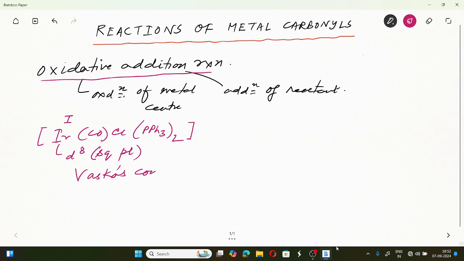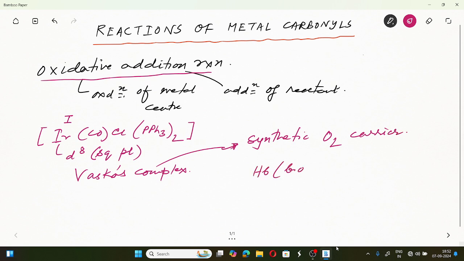So this is a square planar complex, known as Vaska's complex, and it is one of the very first examples of a synthetic oxygen carrier. We know that hemoglobin is a biological oxygen carrier, isn't it?